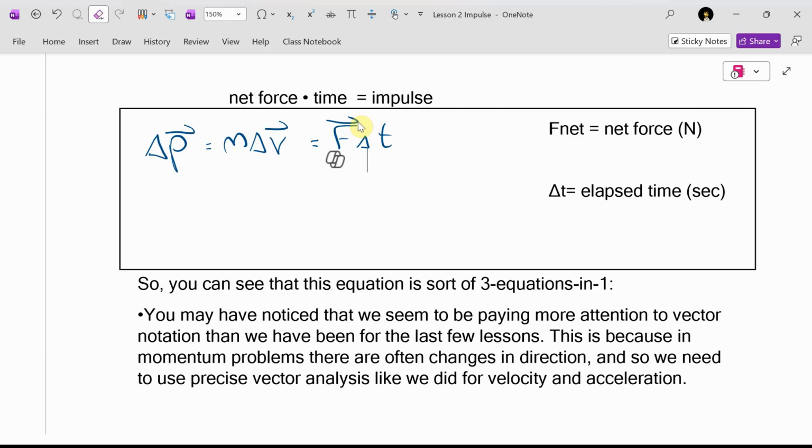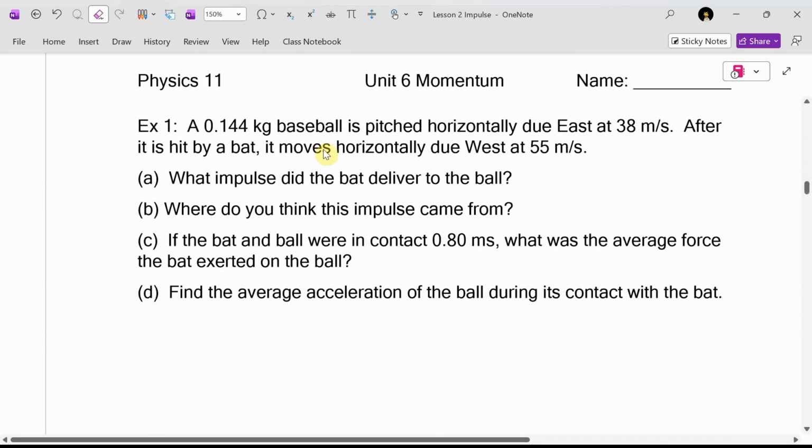In fact, let's look at one right now, next page over. Let's look at the baseball getting hit. Nikki, a baseball is pitched horizontally due east at 38 meters per second. After it's hit by a bat, it moves horizontally due west at 55 meters per second.